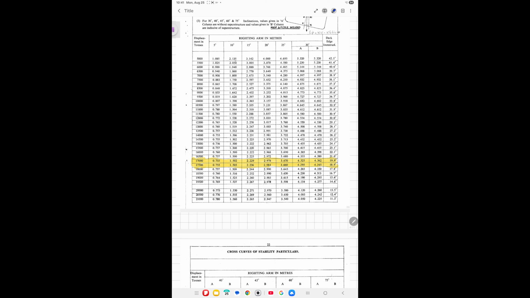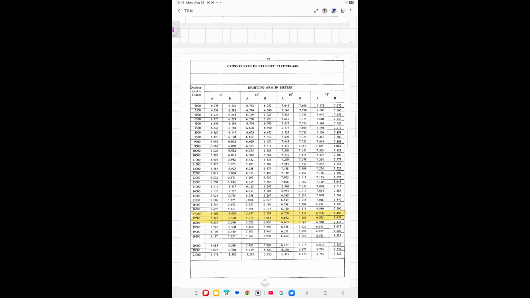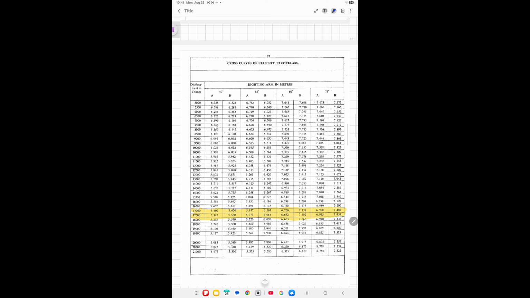Now the question is only asking up to 30 degrees, but just for sake of learning, I have drawn the full curve. So I've gone here also 40, 45, 60 and 75 also I have drawn. This is purely for learning purpose, although the question is only asking up to 30 degrees.